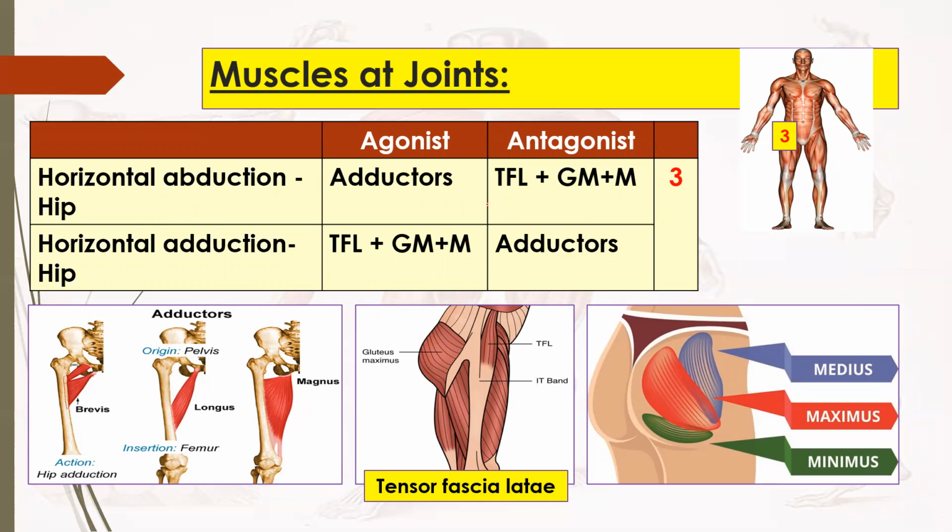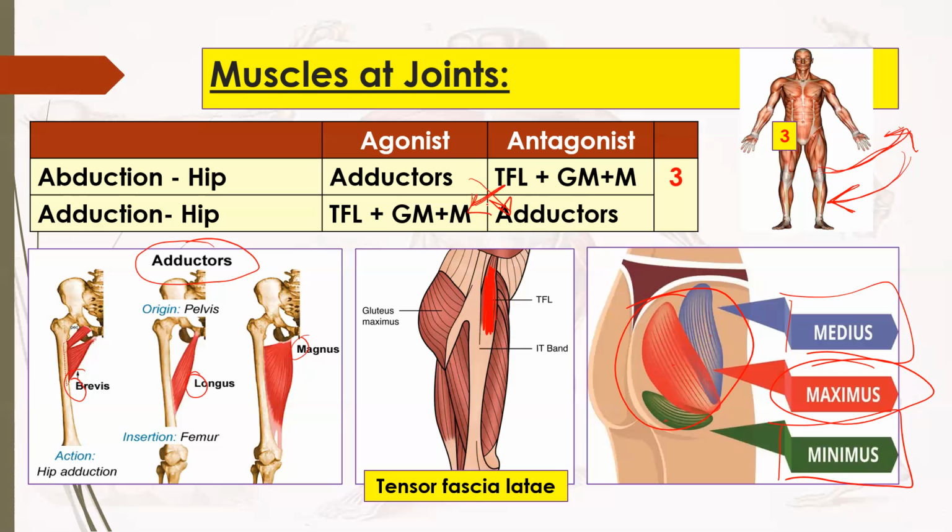You have also got, in terms of the hip, horizontal abduction and horizontal adduction. Take a look at the agonist and antagonist here. What do you notice? They are the same agonist and antagonist as on the previous slide. You just have to make sure you get the order right.